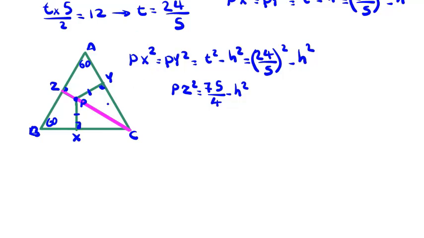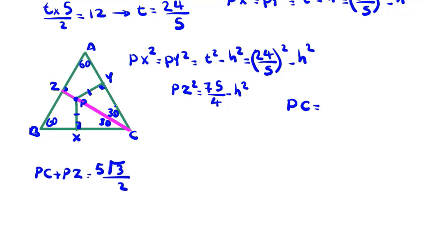Okay, here we can say CP is 30, so PC we know, plus PZ is the height of this triangle, which is 5 root 3 over 2. You know PY is this.